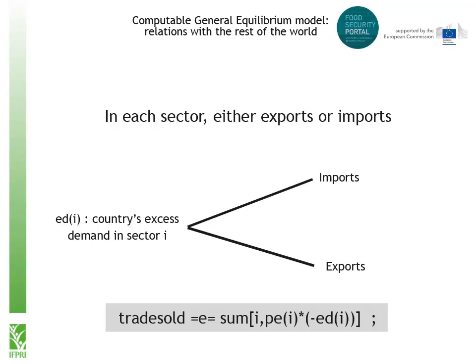So you understand that the trade balance is exports minus imports. So we subtract imports. Or ED is negative, and so it means that minus ED is positive. And so it means that in sector i we've got exports, and so we have to add exports.